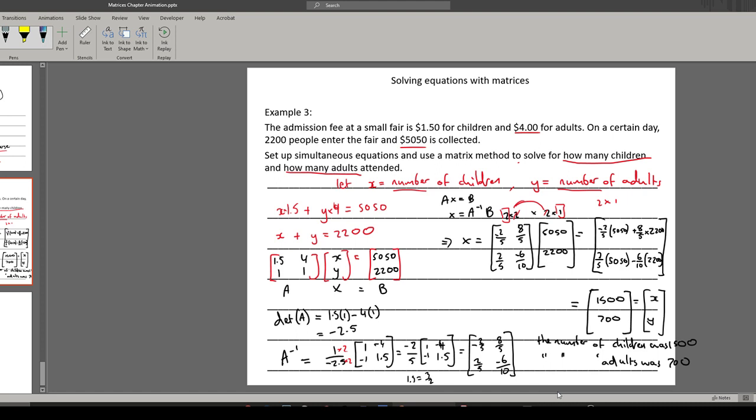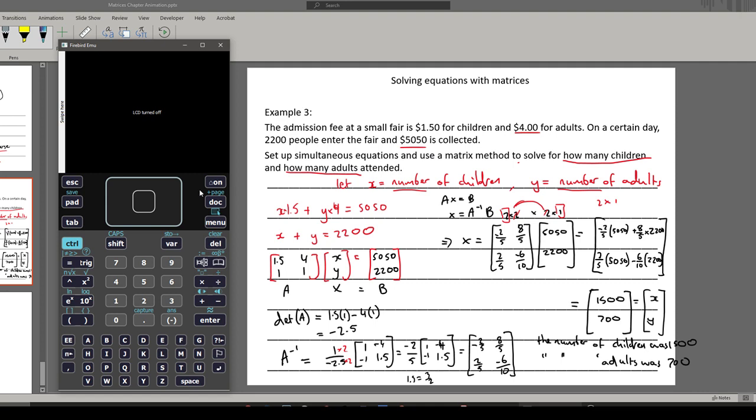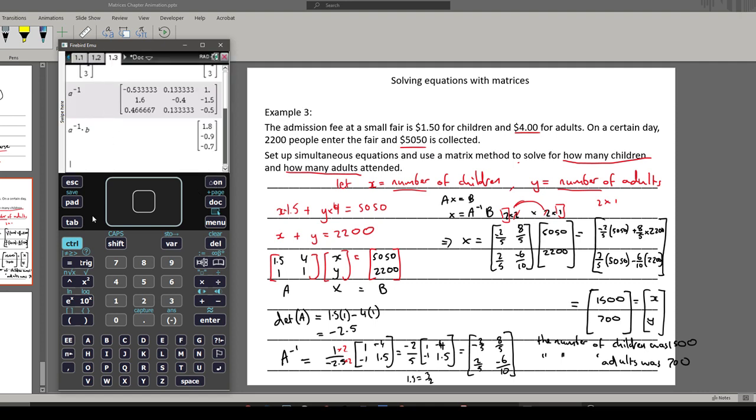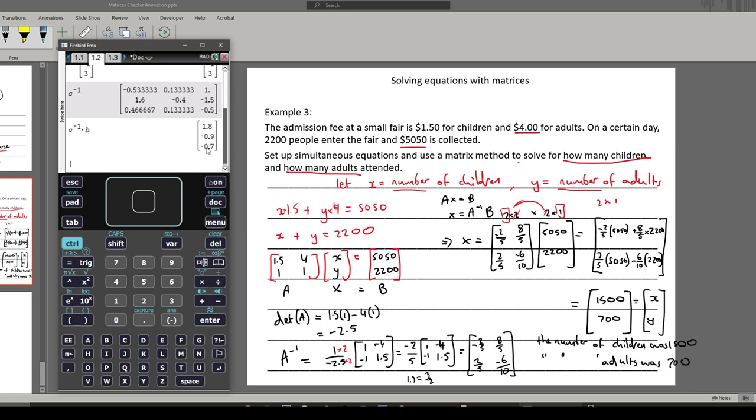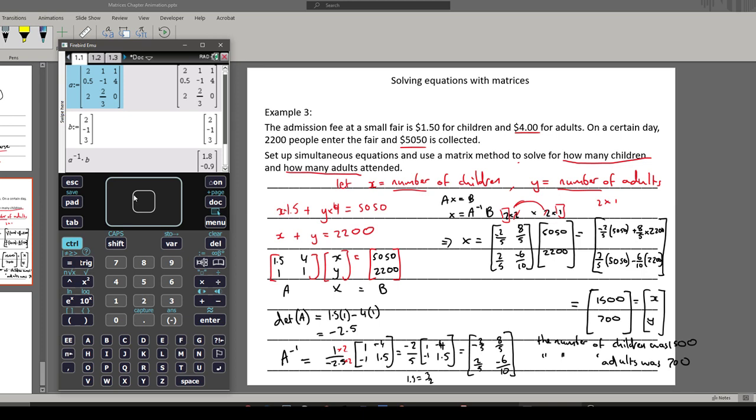Now you can also do it by CAS, and I think I have it on another page. No, I don't have it saved, but you can do it.